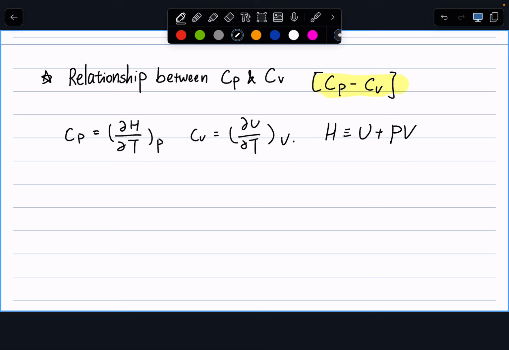So what we end up getting is du over dt at constant p equals du over dt at constant v plus du over dv at constant t times dv over dt at constant p. So we get an expression of the partial derivative of u over t at constant p using the following relationship.